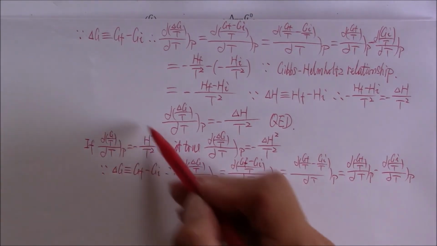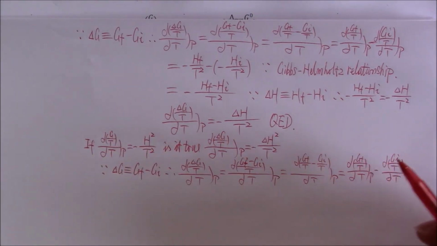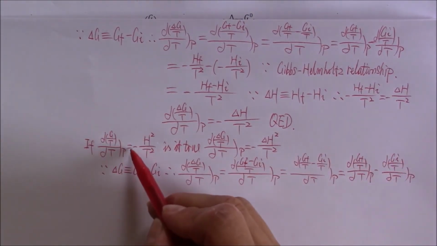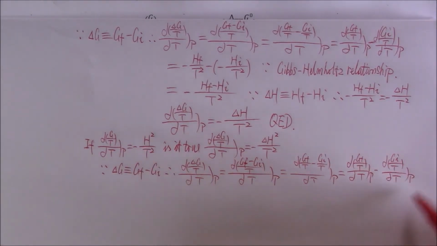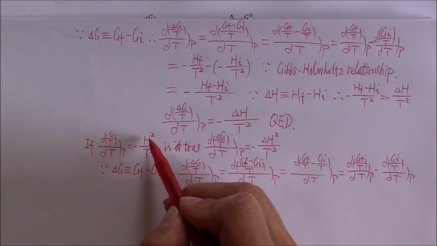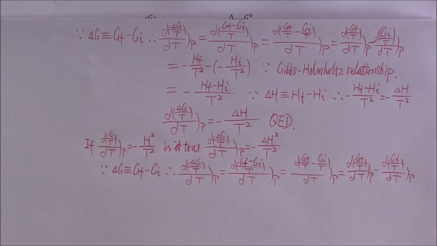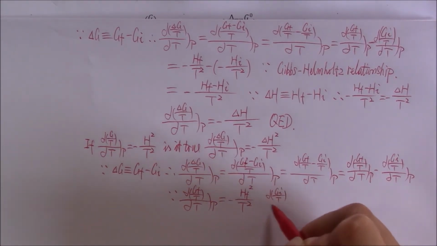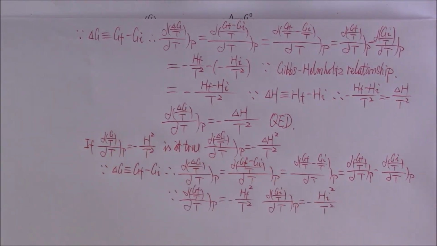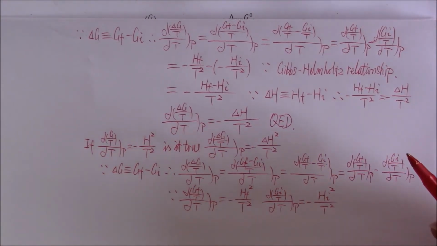From this equation, the first term is equal to negative H_F squared over T squared. The second term is equal to negative H_I squared over T squared. Then we can use negative H_F squared over T squared to replace the first partial derivative.